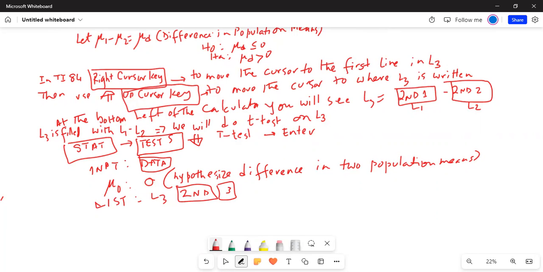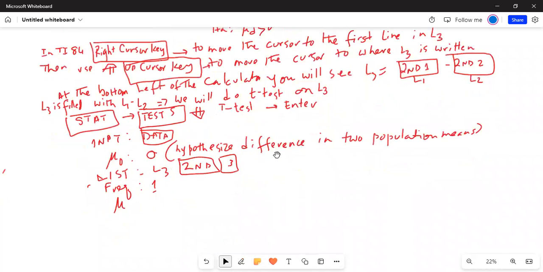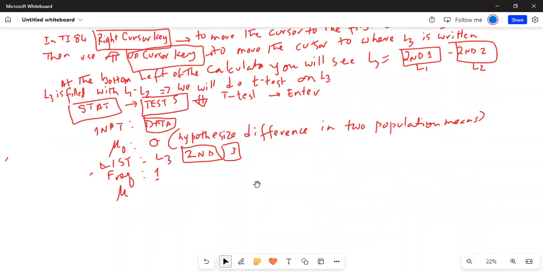Frequency is 1. Alternate, okay. What is my alternate? If I just move this a little bit, you will see the alternate is mu d greater than 0.